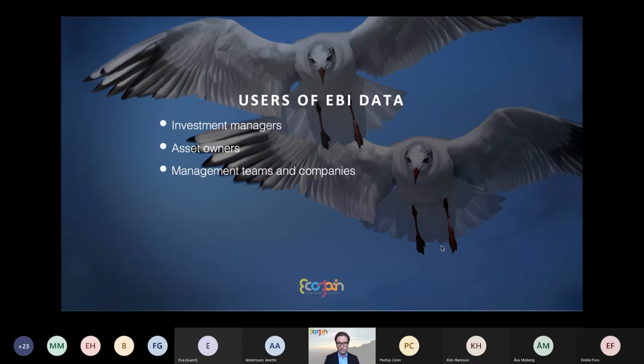But we would also like management teams and boards of directors to look into this and to set targets for themselves and by themselves. And of course, we would like this to set us on the map as one of the data providers ourselves. And we have a few other strategic initiatives in this area going on.